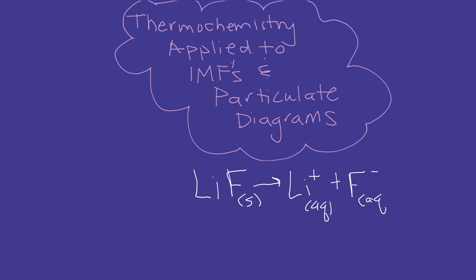When we draw a particulate diagram for these, we're going to have to show some different components, not as they happen in real time, but in terms of the total energies involved. I'll show you what that looks like. So I'm going to clear the screen.